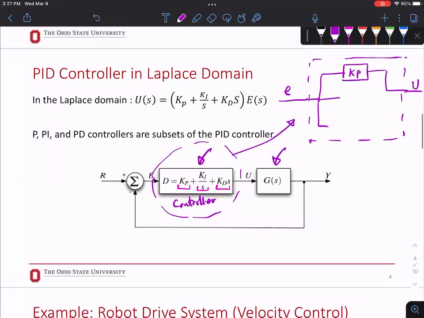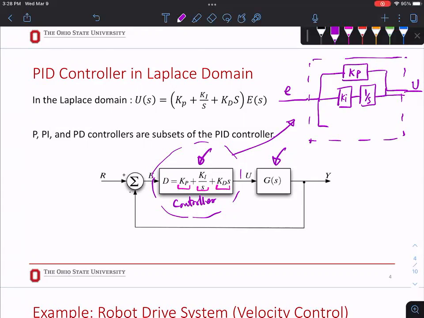Then the next one is KI over S. Do you remember 1 over S? What was that? Step is an integrator action. So a step is a form that we can write as 1 over S. But 1 over S is your integrator, if you remember. So I can say this is Ki times 1 over S; if it's in series, we can multiply, it gives the same thing.